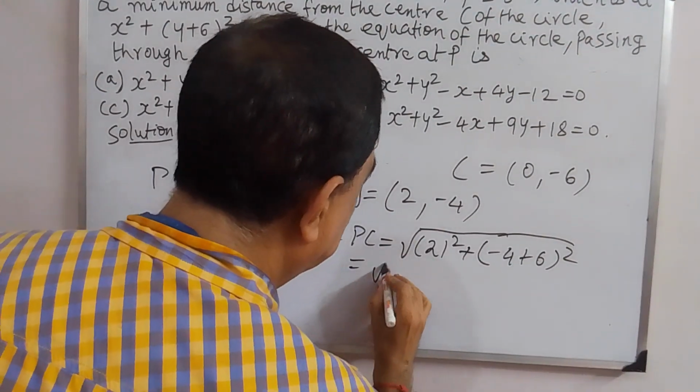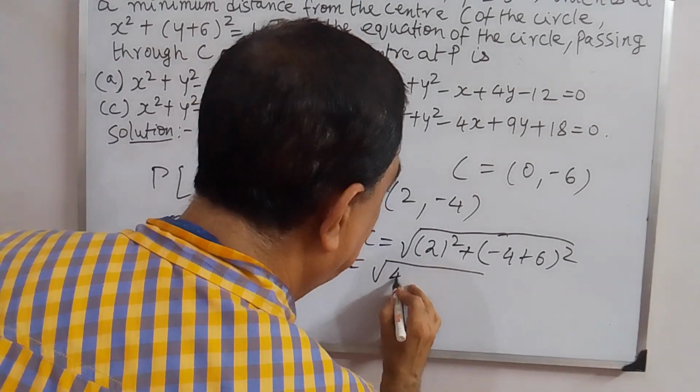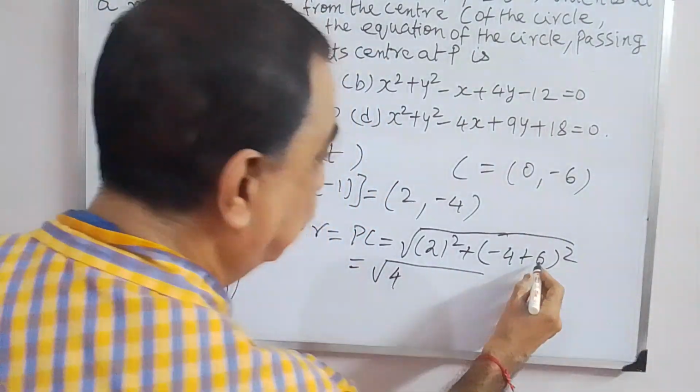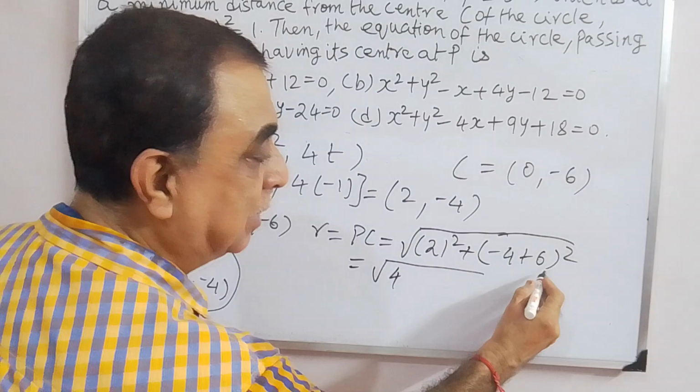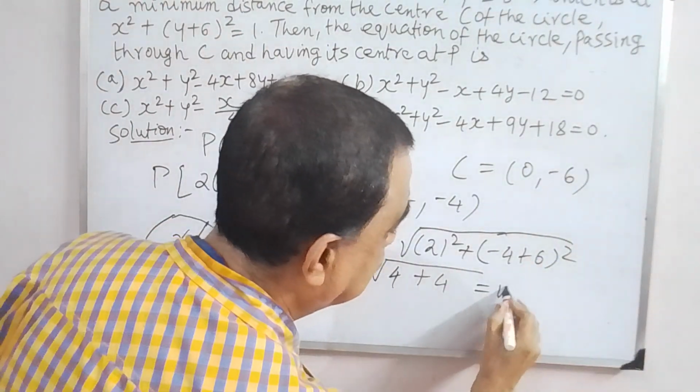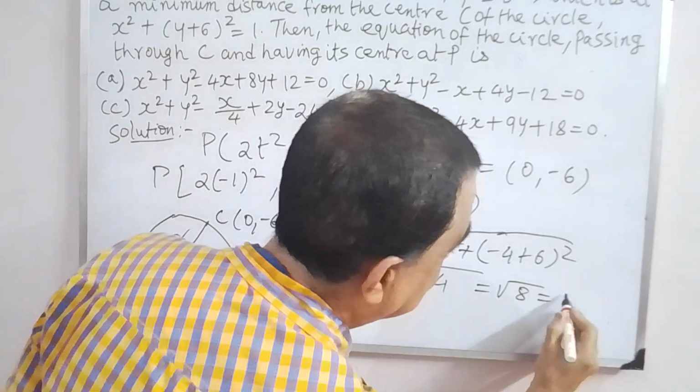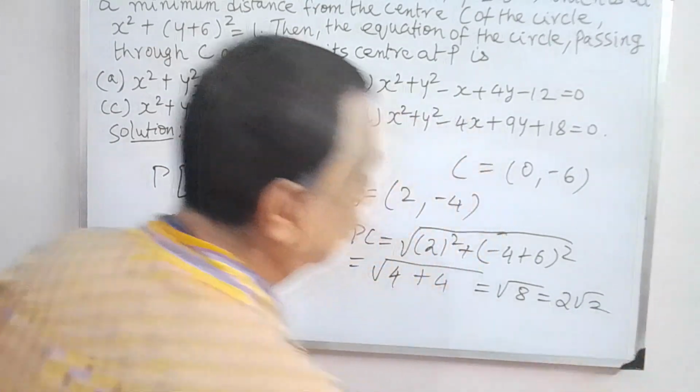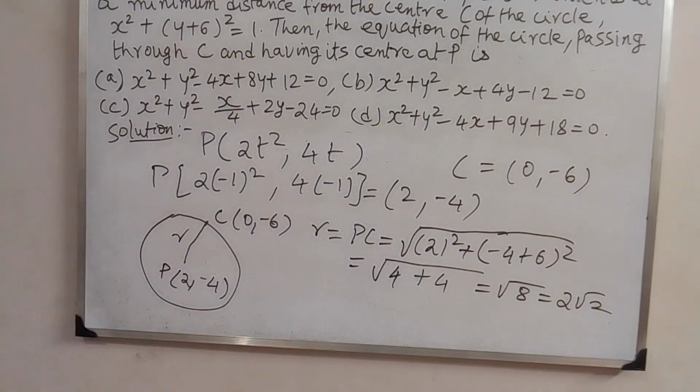So this becomes 2 square, 4, and minus 4 plus 6 is plus 2. Plus 2 whole square is plus 4. So that is equal to root 8, which is 2 root 2. So the radius we have got is 2 root 2.